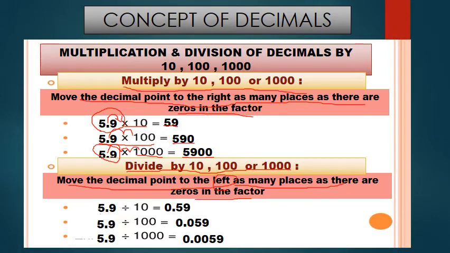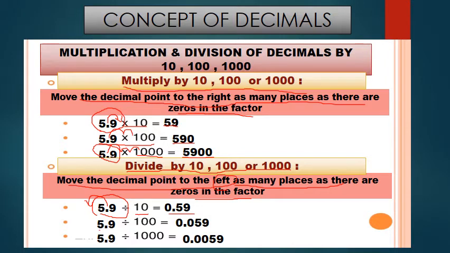Let's take the number 5.9. Now divide 5.9 by 10. When we divide any decimal number by 10, we shift the decimal point one place to the left. So the answer we will get is 0.59.